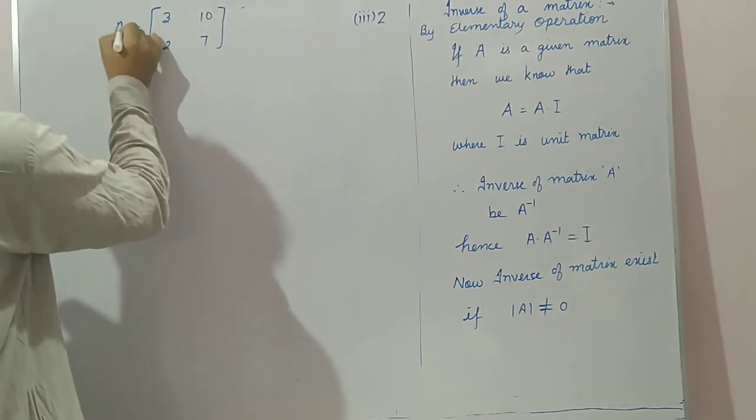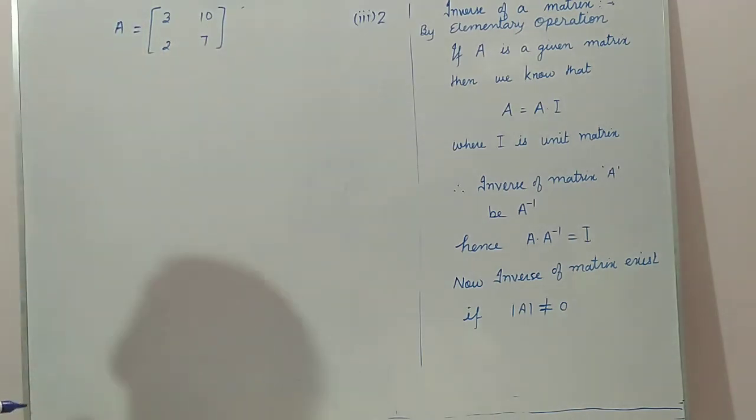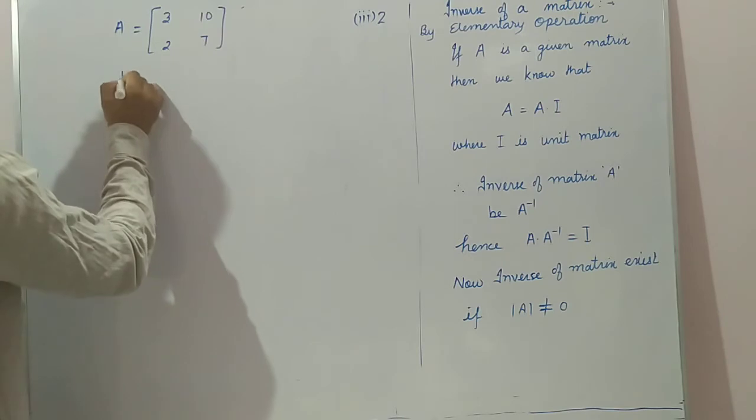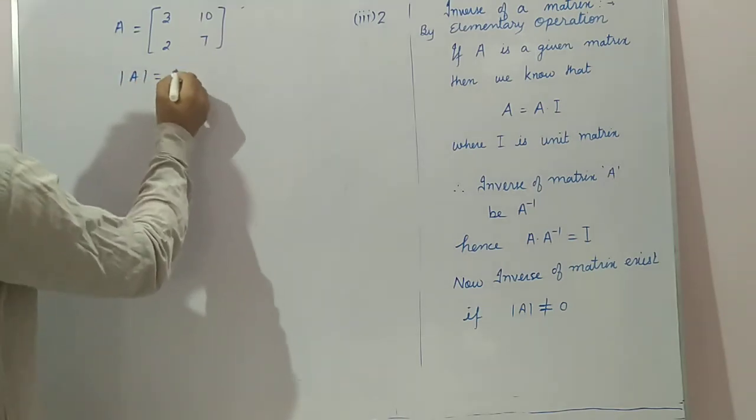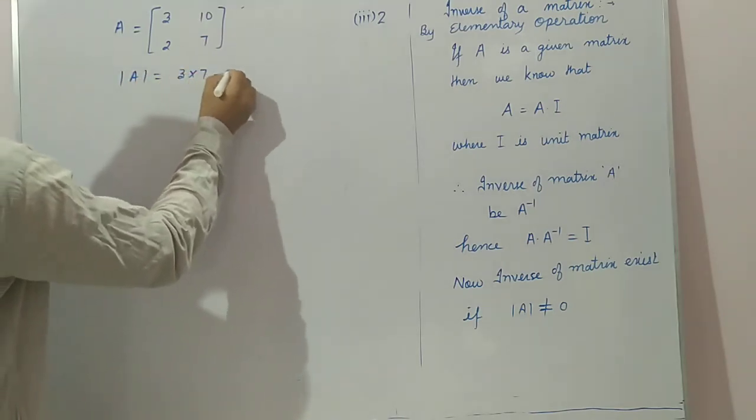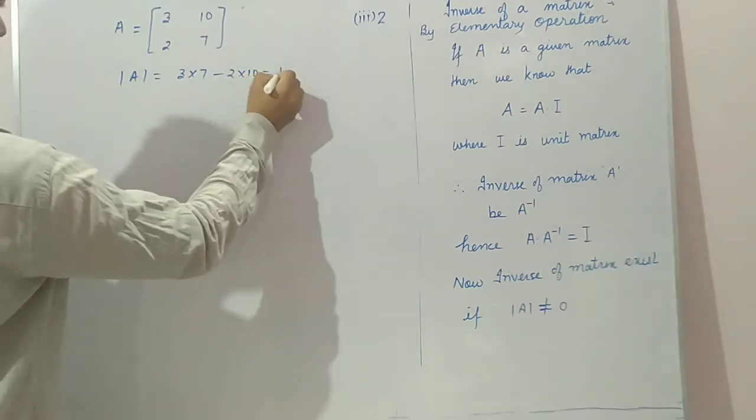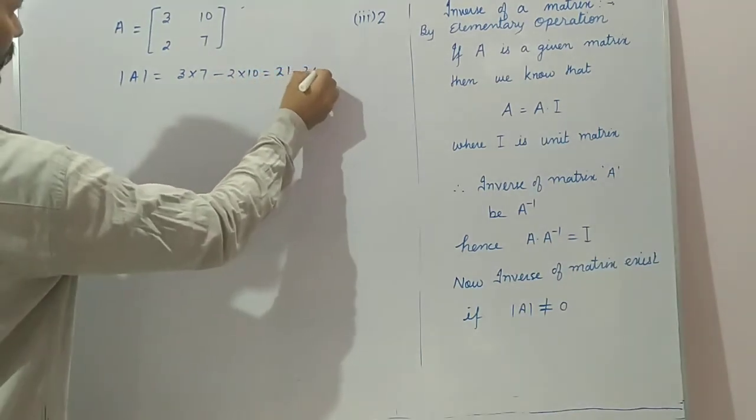This is matrix A. So determinant of matrix A, that is 3 into 7 minus 2 into 10. 21 minus 20, that is 1.